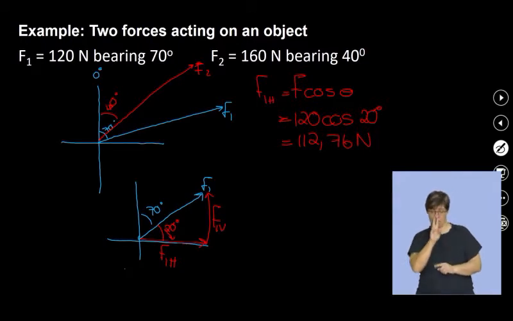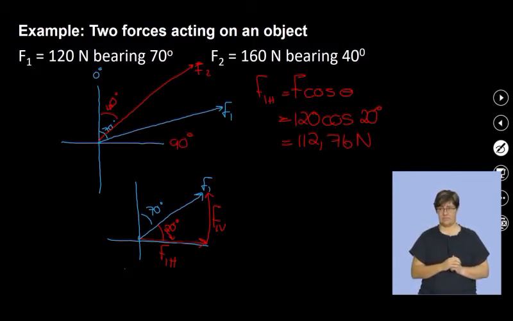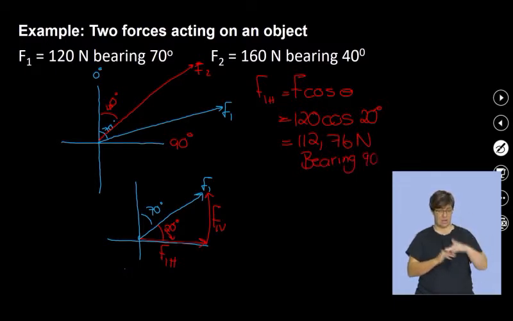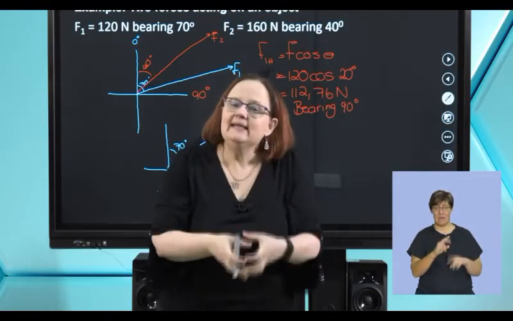It's a vector, which means I need direction. If I look at this, this was bearing, okay? I need to say bearing 90 degrees, because the 90 is here. Okay, so here, bearing 90. There's no marks for this bearing answer yet, but I need it for later on.